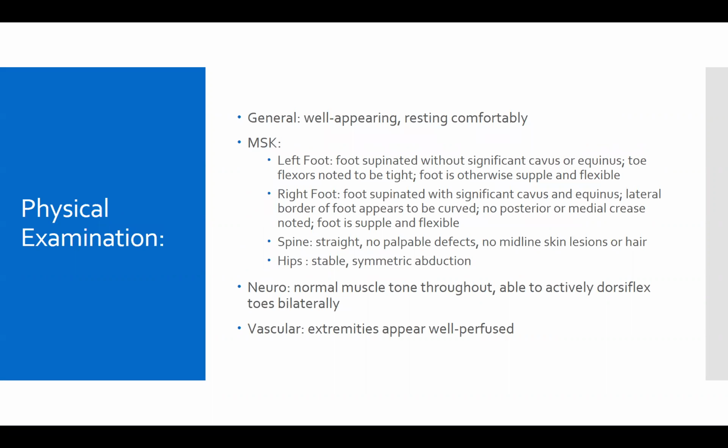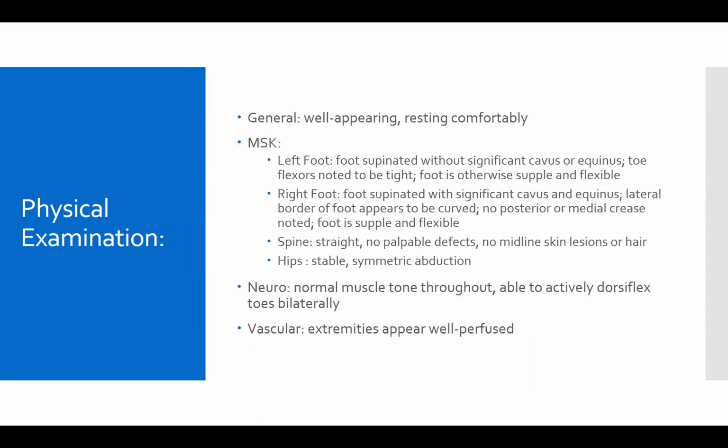So generally on physical exam, the patient appeared to be well appearing, resting comfortably. On musculoskeletal exam, of note on his left foot, he was noted to be supinated without any significant cavus or equinus deformity, and his toe flexors were noted to be tight, and otherwise his foot was supple and flexible. On his right foot, his foot was supinated with significant cavus and an equinus deformity.